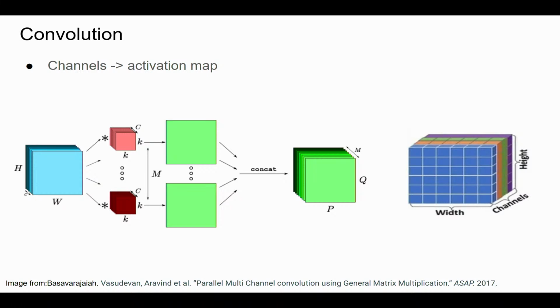The individual kernels also have three dimensions: width, height, and channels. You have multiple of those kernels. Applying each of these convolutional kernels on the input image gives you a single two-dimensional tensor, a single activation map. You take all those activation maps, put them together, and that's the output.